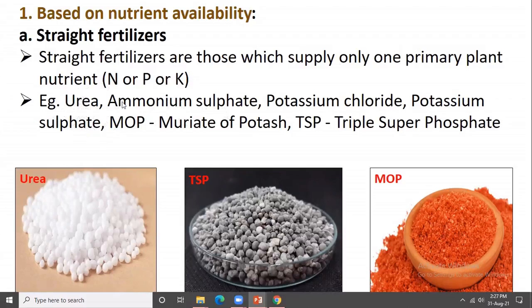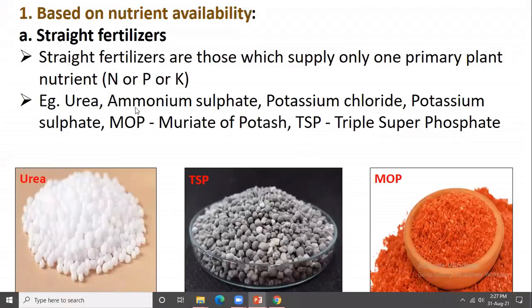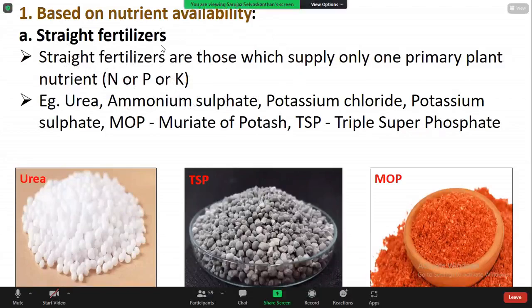What nutrient is in urea? Nitrogen. In TSP? Phosphorus. Yeah. In MOP? Potassium. Potassium. Okay? Can you understand what straight fertilizers are?